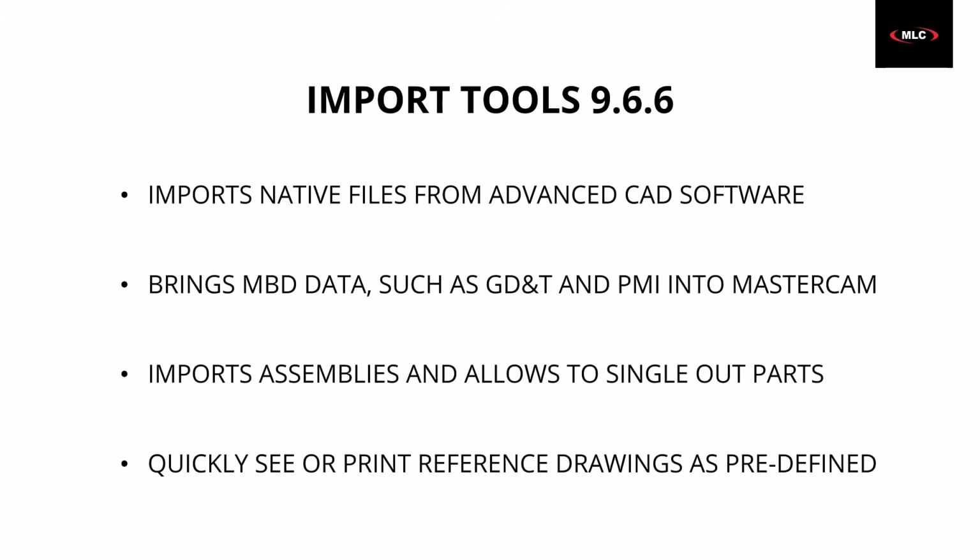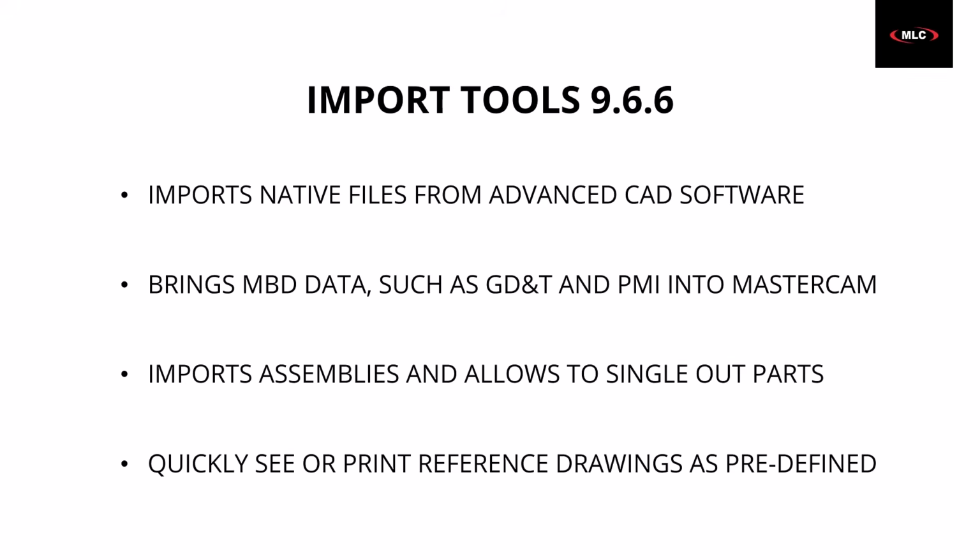So you can print out the different views and send that off with the job traveler, send it to your operator, or maybe utilize it yourself as the programmer, as a second form of information that you can use when programming, and it'll help you out.